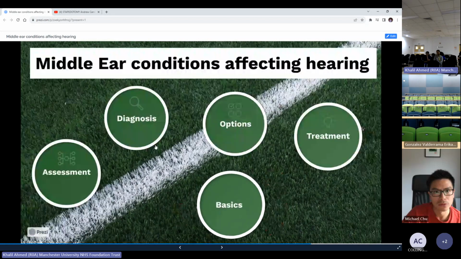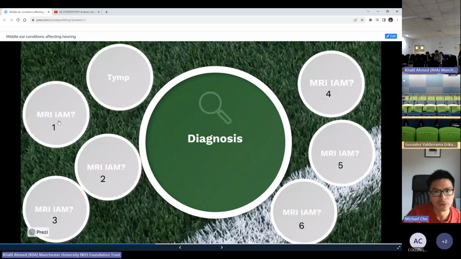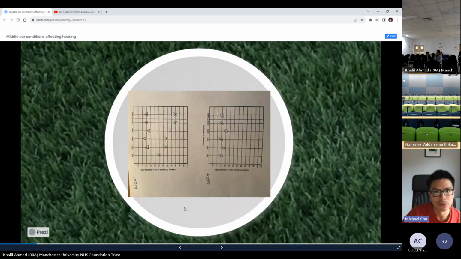Now let's go back to your audiology. So you already know why this guy may or may not need an MRI of the IAMs. What he needs to do first is to go back to audiology and you say, please, can you mask the bone conduction threshold on the crosses?